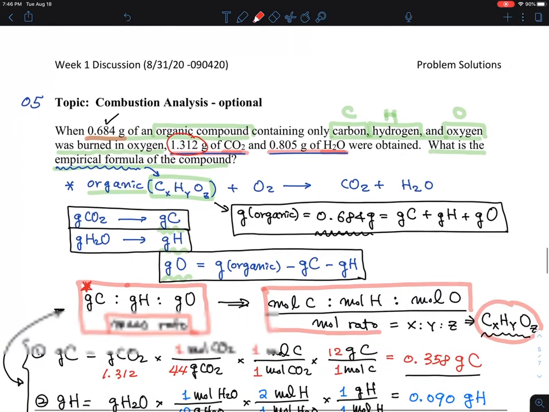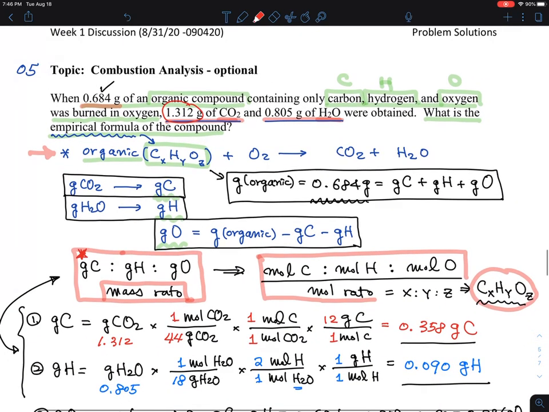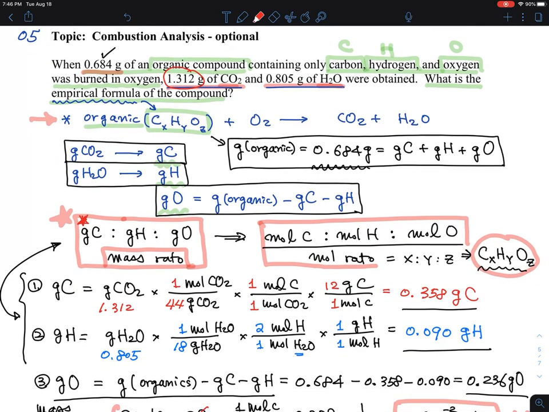So then I establish my reaction equation, and I try to find the easiest thing to find, which is the mass ratio shown up here. I find the carbon mass, hydrogen mass, and oxygen mass based on the relationships, easily convert that into the molar relationship, and then find the closest integer.